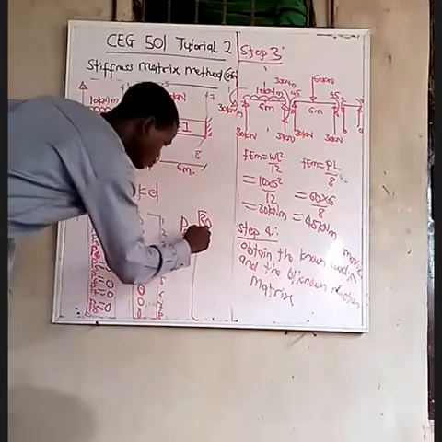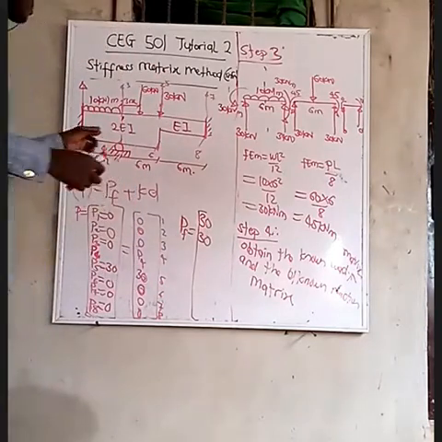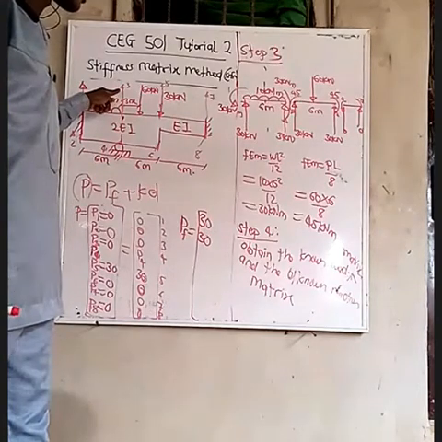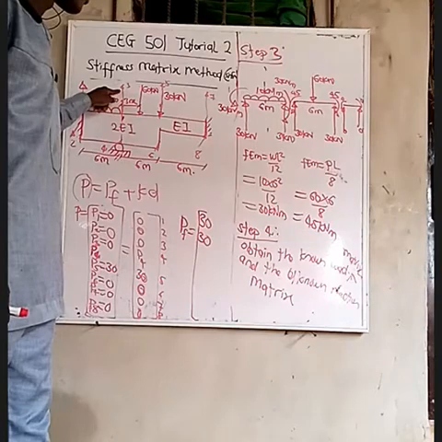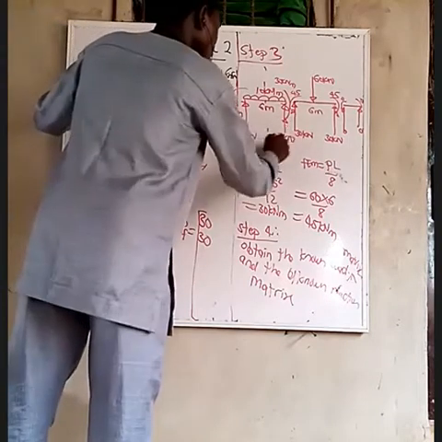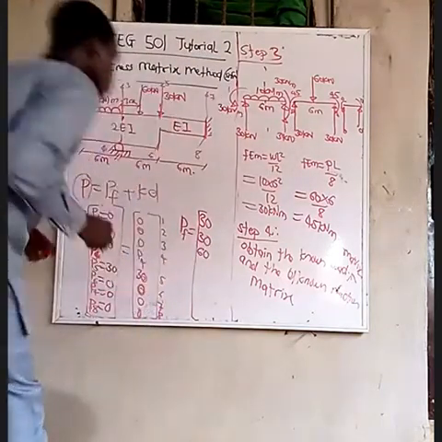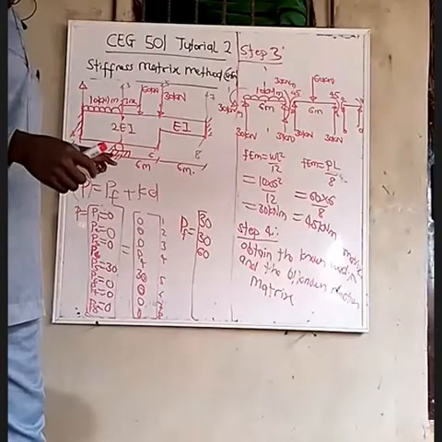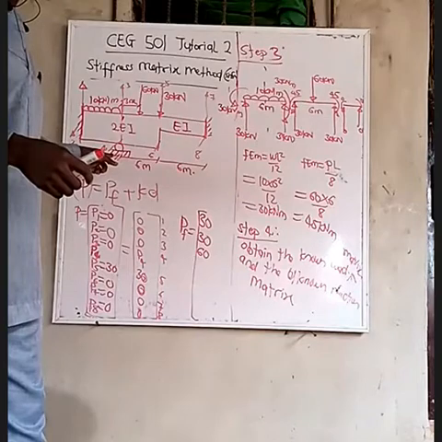So what is 2? 60. Good. 30 kilonewton. What is 3? 60. Good. So you had 30 plus 30. That's 60. Good.